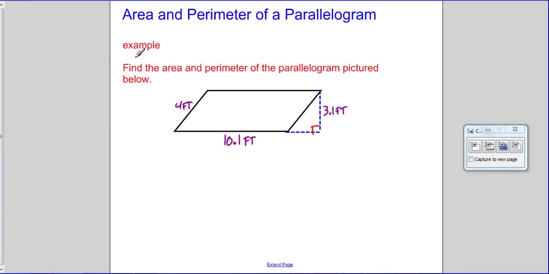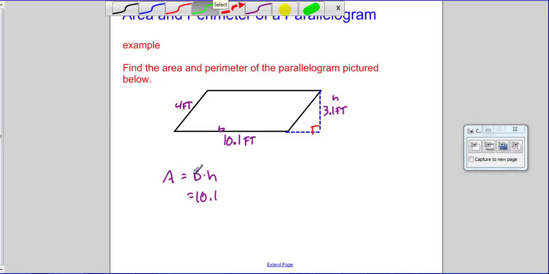So now let's do an example. The area of this particular parallelogram would be A equals B times H, where B is 10.1, so that's my B, and my H is 3.1. So I'm going to replace B with 10.1, and I'm going to replace H with 3.1.